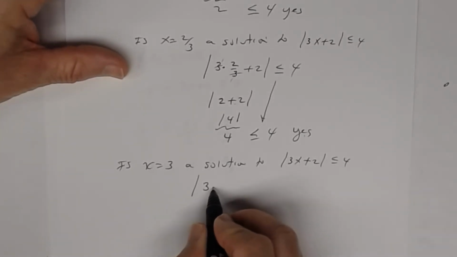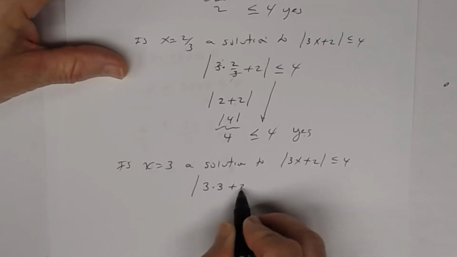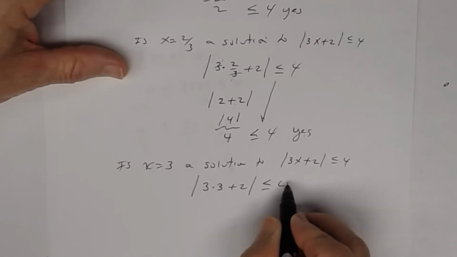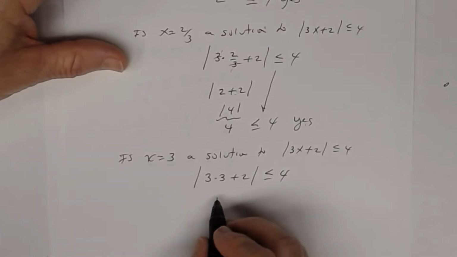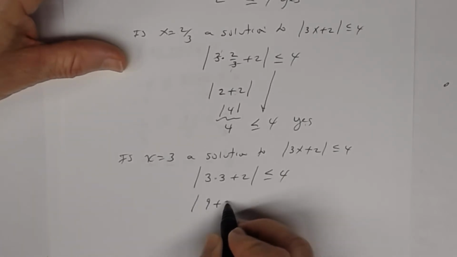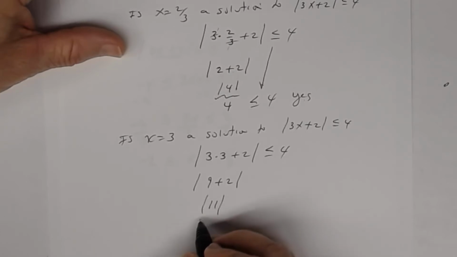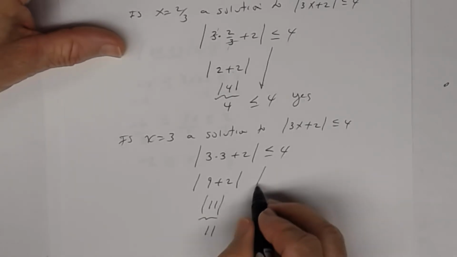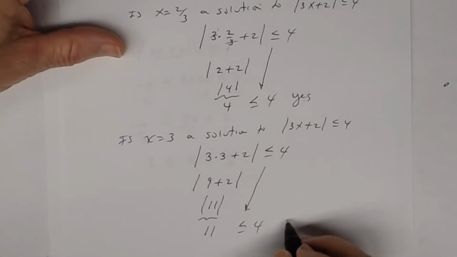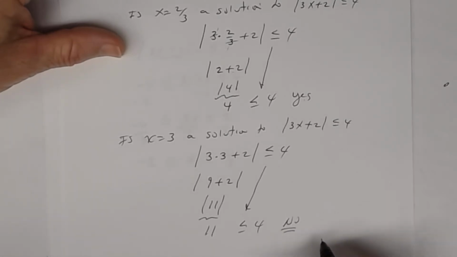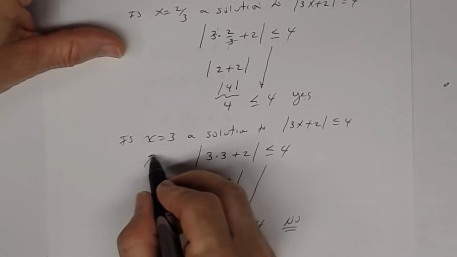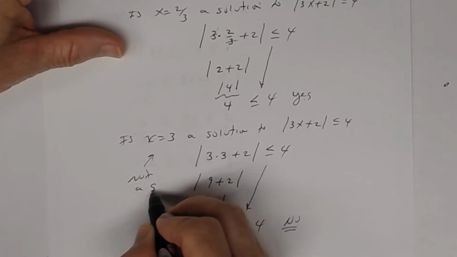We have the absolute value of 3 times 3 plus 2, and I want to see if that's less than or equal to 4. 3 times 3 is 9, so that's the absolute value of 9 plus 2. 9 plus 2 is 11, and the absolute value of 11 is 11. Is 11 less than or equal to 4? The answer is no. Okay? So that's not a solution.